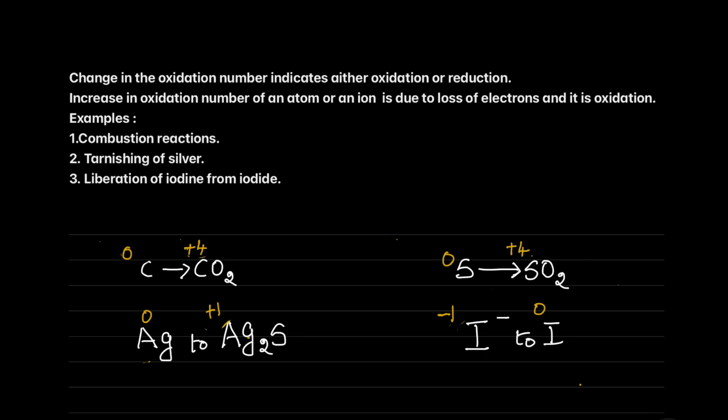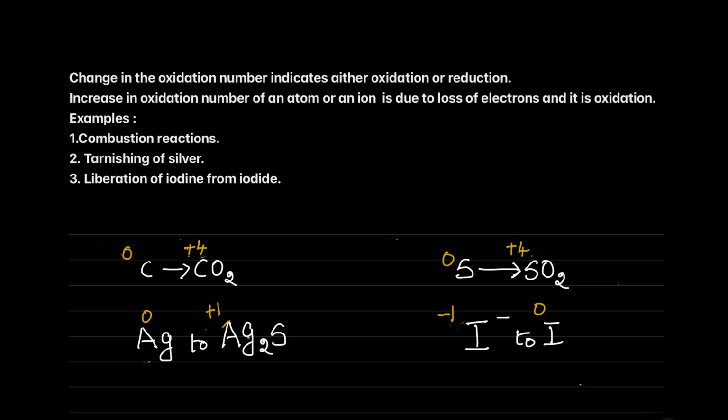Any change in oxidation number indicates that a process of oxidation or reduction has taken place. Increase in oxidation number of a particular atom or ion is due to the loss of electrons, and it is oxidation. We have taken some unbalanced reactions to explain.